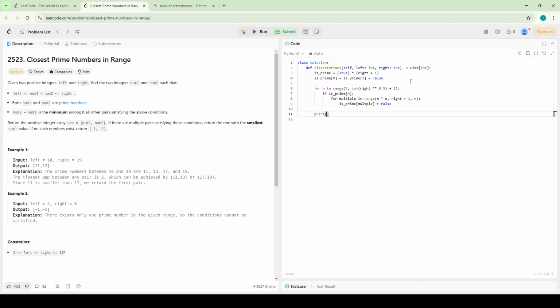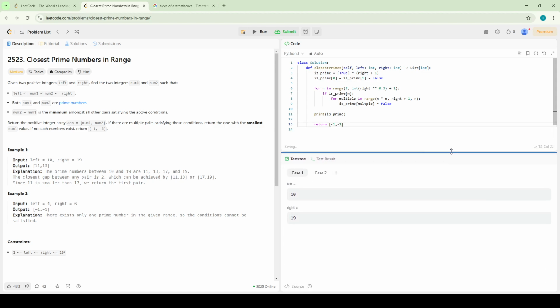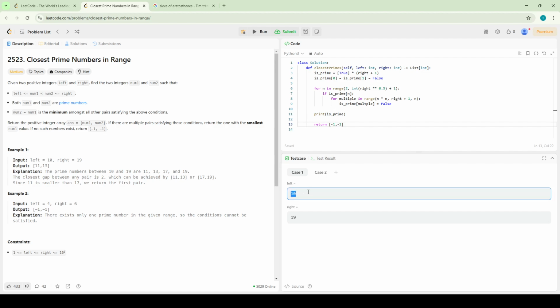So let's print is prime. Return something like this. Let's say that the left will be 1, right could be 3. No, let's generate up until 11, right?